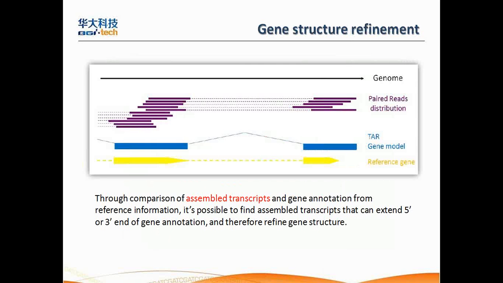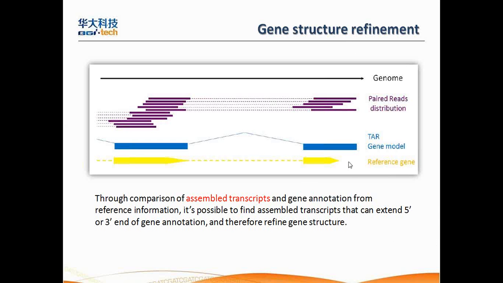And with the de novo assembled transcriptome, or with the resequencing mapped transcriptome, we can also use it to refine the gene structure. I'm sorry, I just made a mistake.